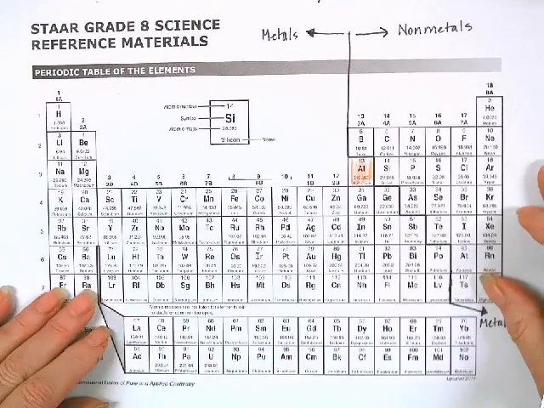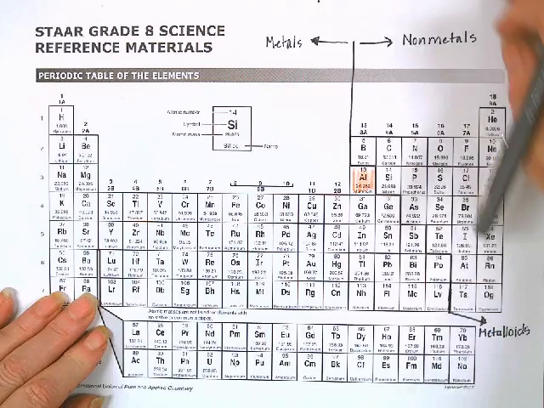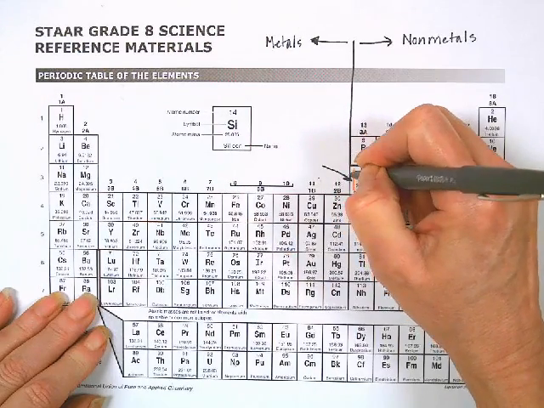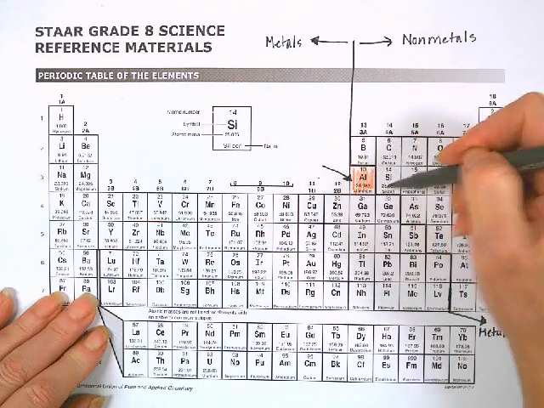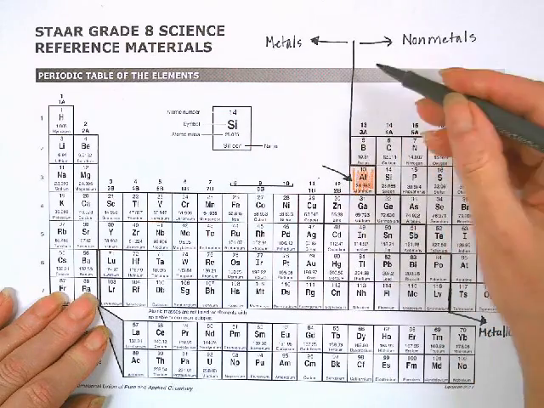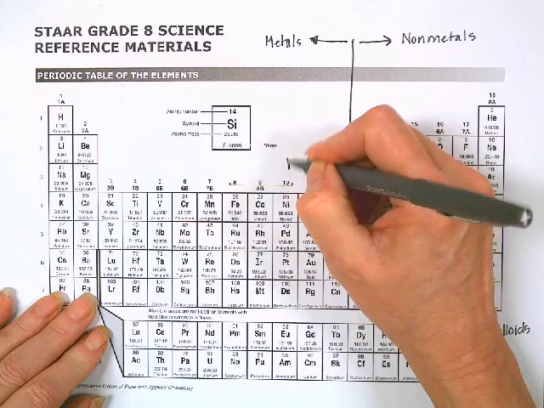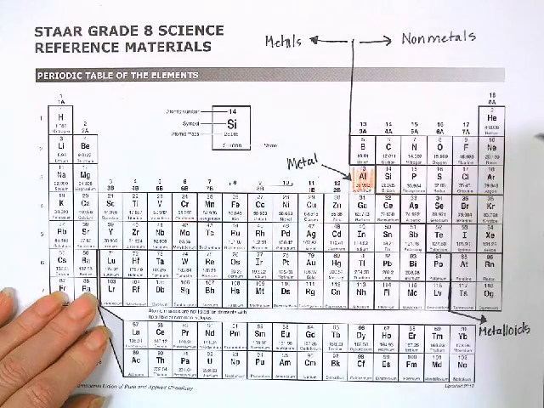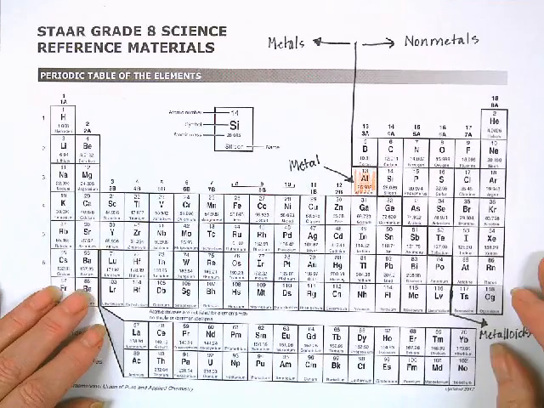And we all know that aluminum is a metal. We've seen it in the kitchen many times. But we just want to make sure we understand that when using the stair step to identify metals, nonmetals, or metalloids, we need to remember that aluminum is a metal. It's the exception.